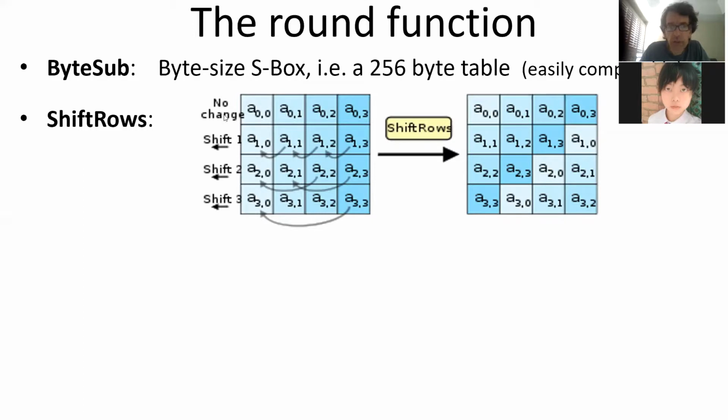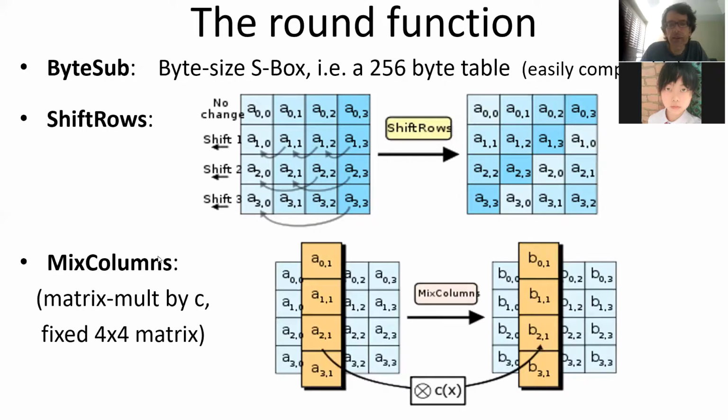So you do the substitution, then you shift rows. You don't rotate the first row, you rotate the second one by shift 1, the third row by shift 2, and the last row by shift 3. And you mix columns.